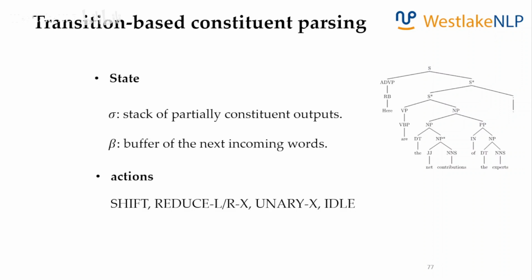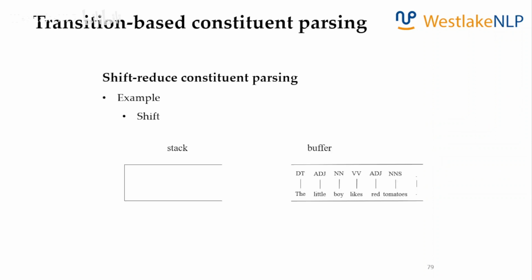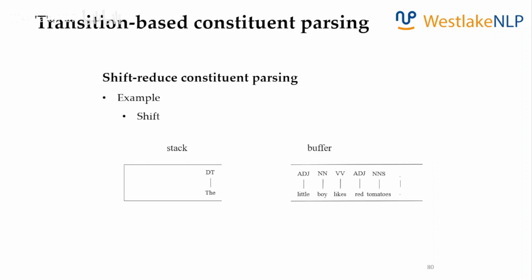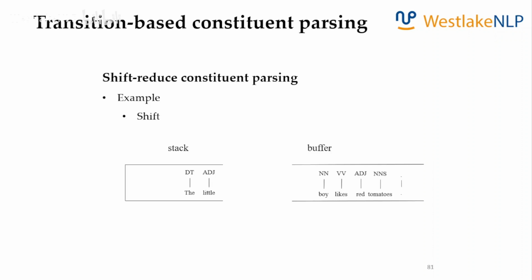Now the little boy is a noun phrase. Next you do shift. And then you do another 2 shifts. Red and tomatoes are on the stack. And then you do another reduce right noun phrase. You take the top 2 nodes, red tomatoes, off the stack, and you build a noun phrase covering the 2 words.